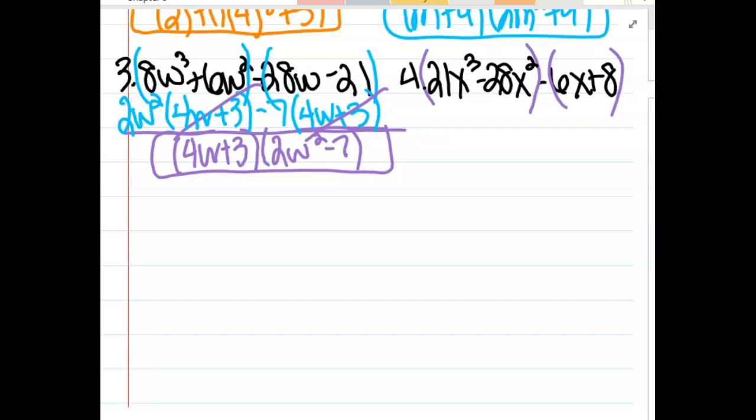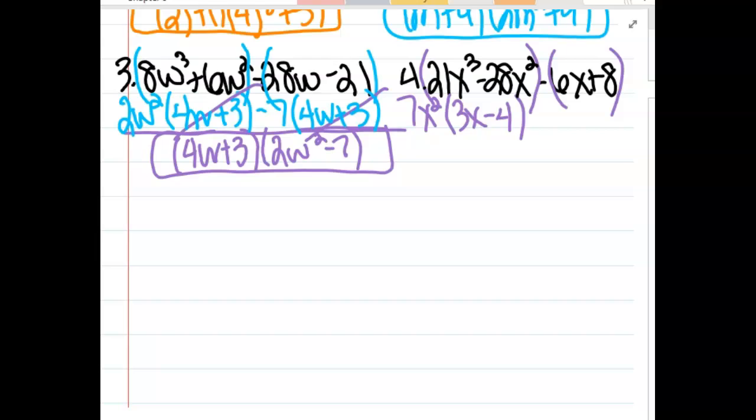Remember, don't group that middle sign. Okay, 21x cubed, 28x squared. 21 and 28, what do they have in common? A 7. x cubed and x squared, x squared. So we're going to factor out a 7x squared. When I factor out a 7x squared, we should get 3x. And then right here would be a minus 4.